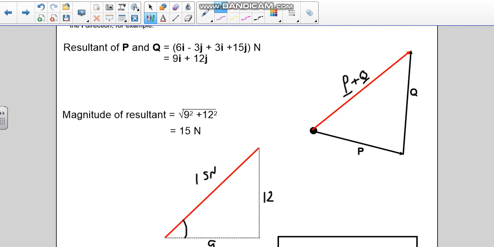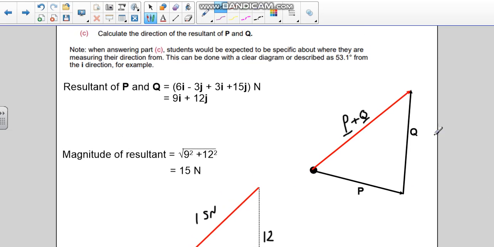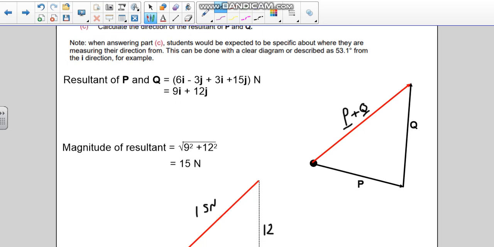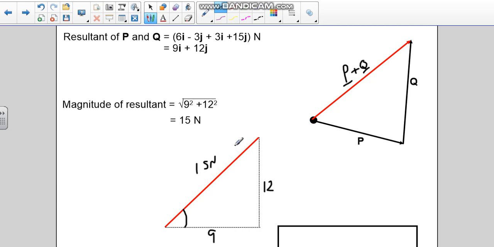We're then asked to calculate the direction of the resultant of P and Q. If you remember, we tend to measure the angle of direction in relation to the positive x-axis. Here's the positive x-axis, the i direction, and I'm looking for this angle here.